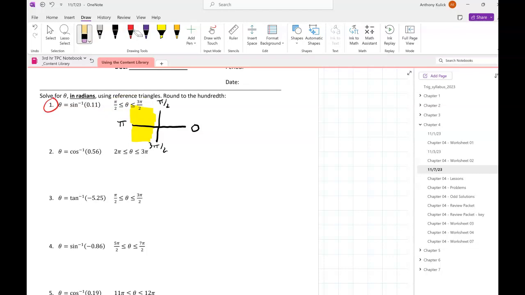Okay. So now I'm going to try to figure out between quadrants 2 and 3, which one is really the one that I need to be looking at. So this is the same thing as saying sine theta equals 0.11, right? Which is basically saying where sine theta is positive.